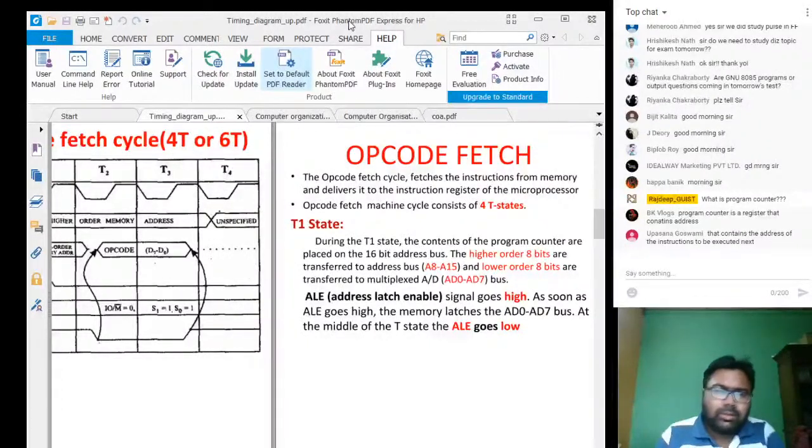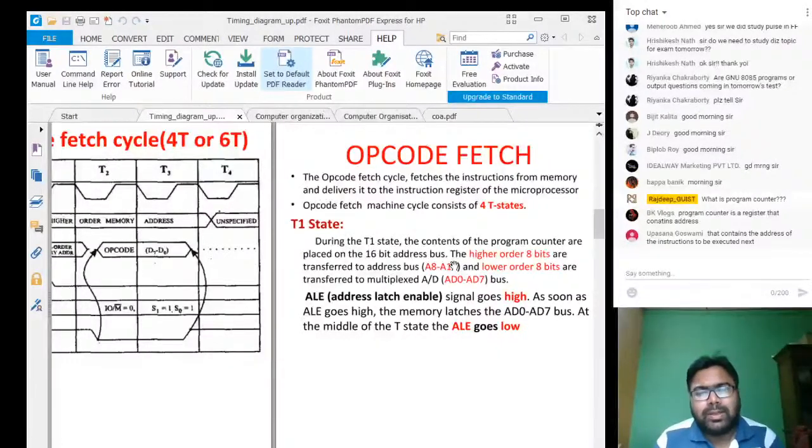Okay, so here if you see, where were we? Okay, so T1 state. During the T1 state, the contents of the program counter are placed on the 16-bit address bus. I hope for 8085 we know that it is 16 bits.